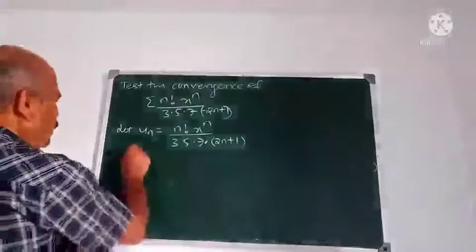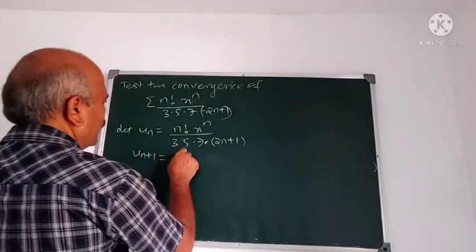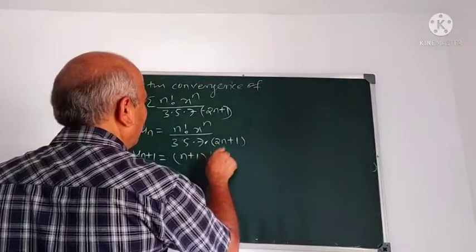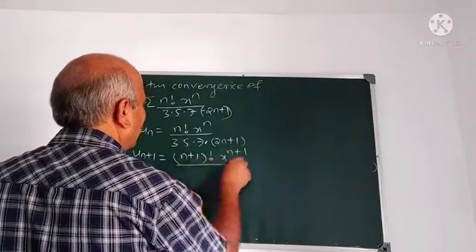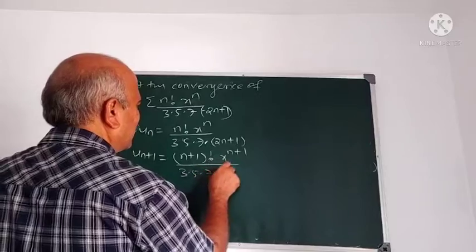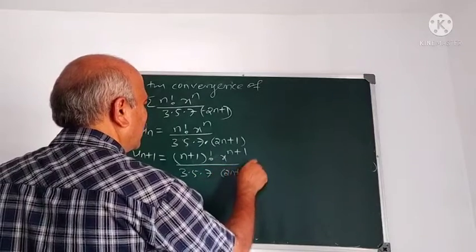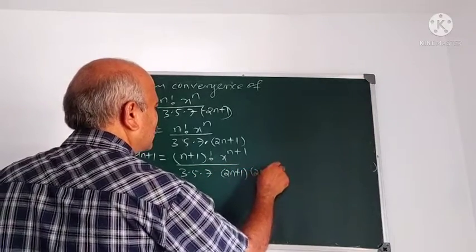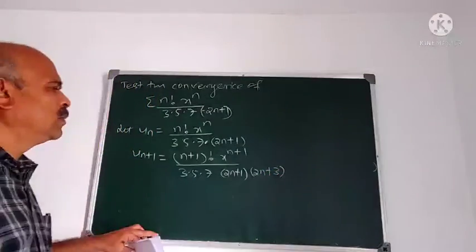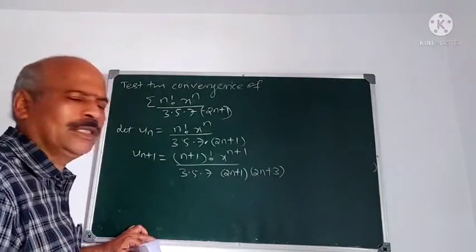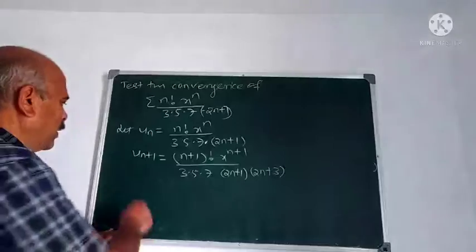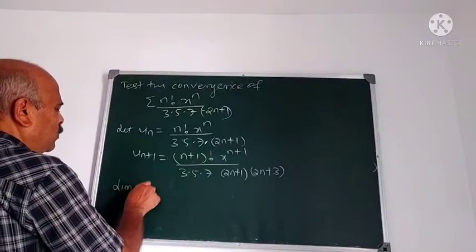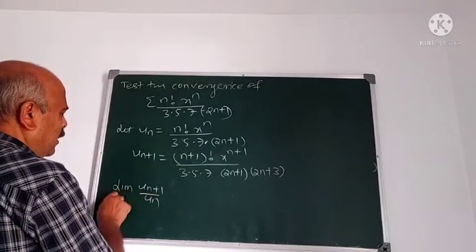Now un plus 1 is (n plus 1) factorial x raised to (n plus 1) over 3, 5, 7, etc. up to (2n plus 1) into (2n plus 3), that is 2 into (n plus 1) plus 1. Yes, 2n plus 3.